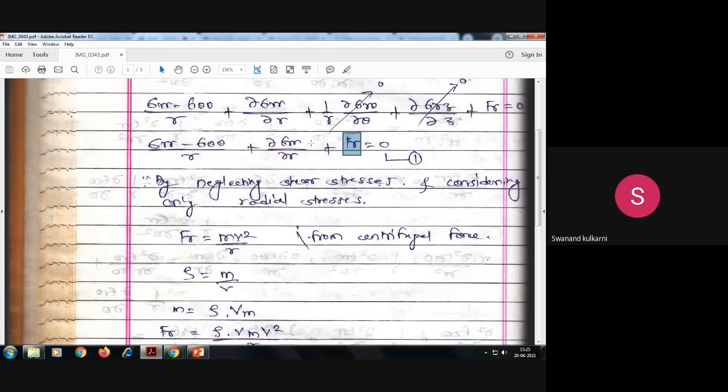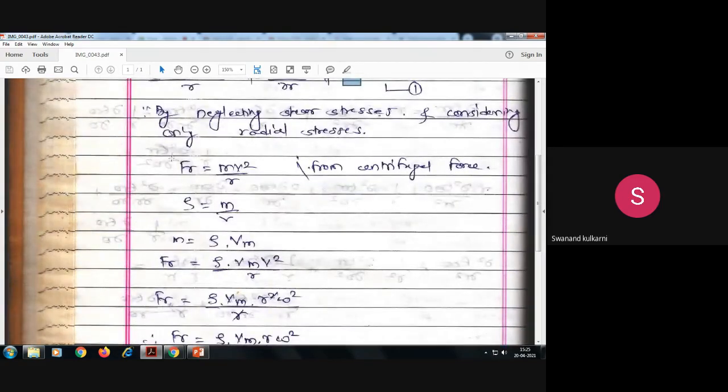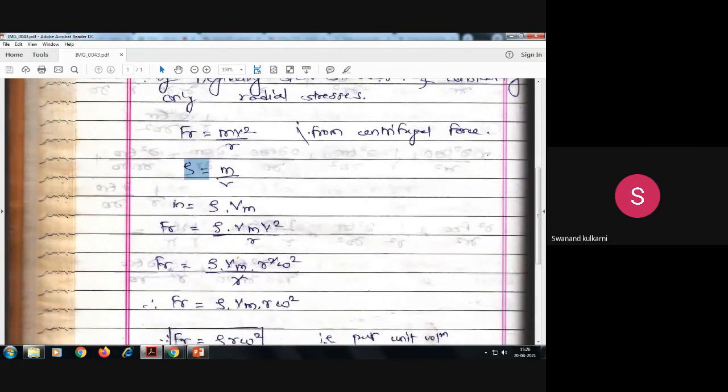So we know that whenever any body, any disk, is rotating, then the centrifugal force mv²/r is always considered, which is considered here as a body force because this disk is rotating. Now with usual notations, density is mass upon volume, so mass is density into volume.